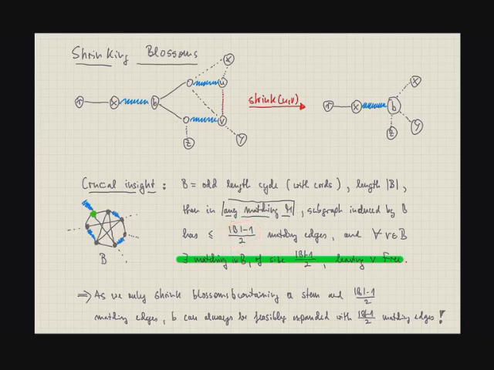So if the length of the cycle is 5, it would be 2 matching edges, 7, 3 matching edges, 9, 4 matching edges, and so on. And at the moment that we shrink such a blossom, we were entering this odd length cycle with our alternating tree on a matching edge. So with this green node here.